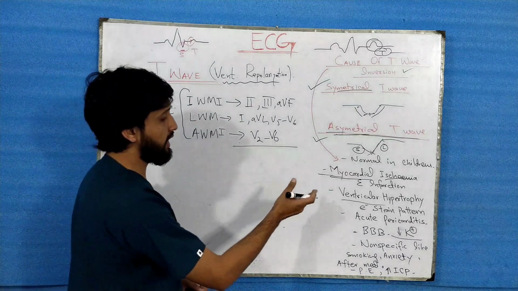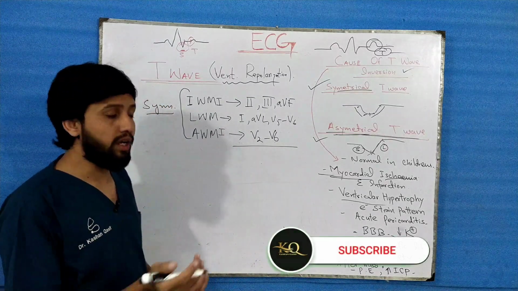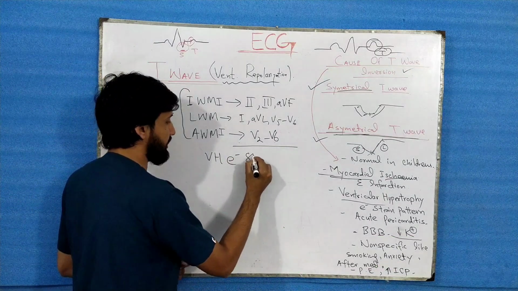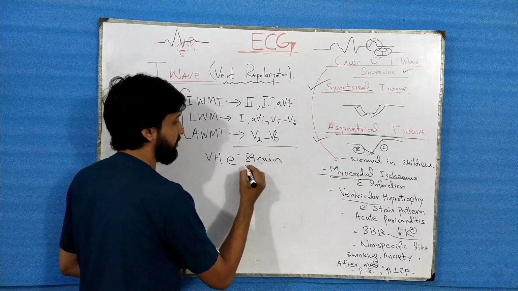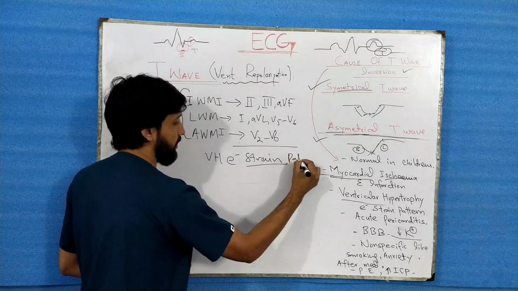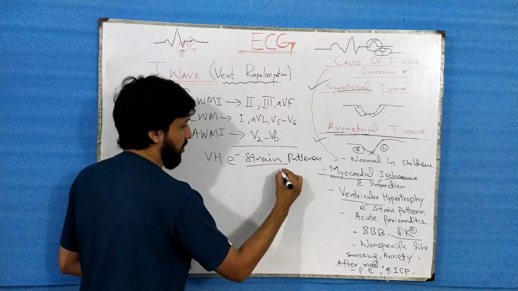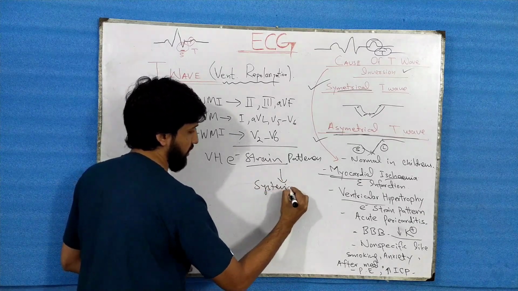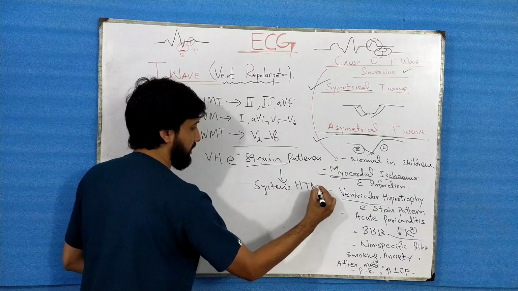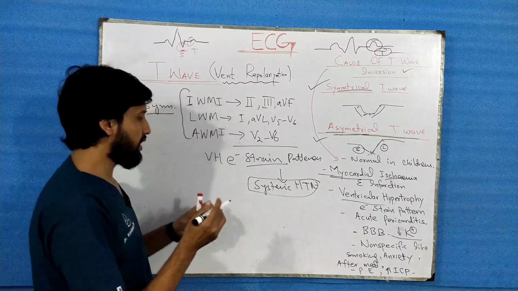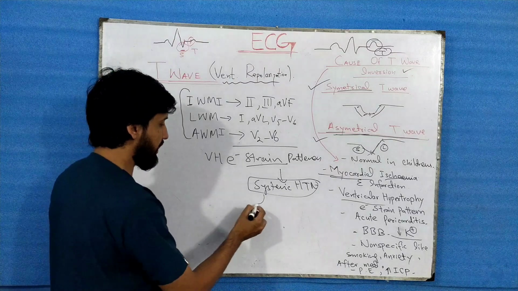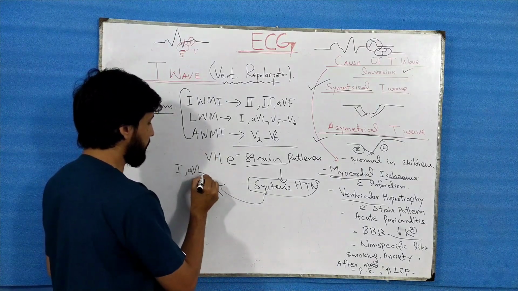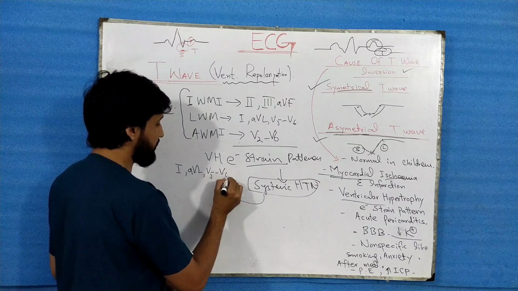Then comes the condition like ventricular hypertrophy, in which you will notice ventricular hypertrophy with strain pattern. These are seen in a condition of systemic hypertension. In systemic hypertension, you will notice the T wave inversions in the leads 1, AVL, V5 and V6.